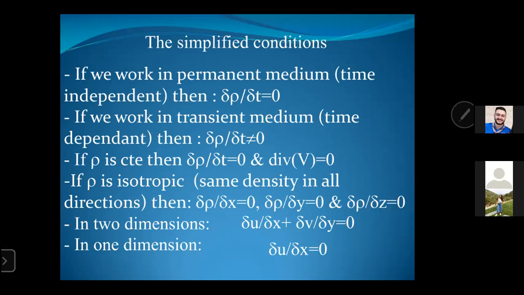Yes. And if we say transient medium, that means that d rho over dt is different from 0. In this case, we can add this accumulation term into the equation, because before this term there is a small chronicle. You see?